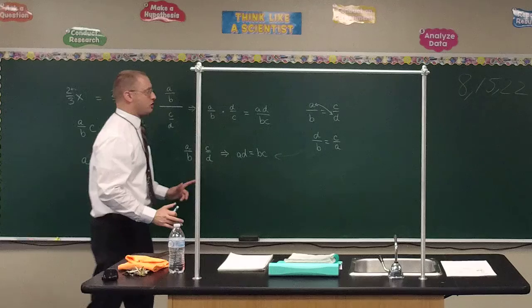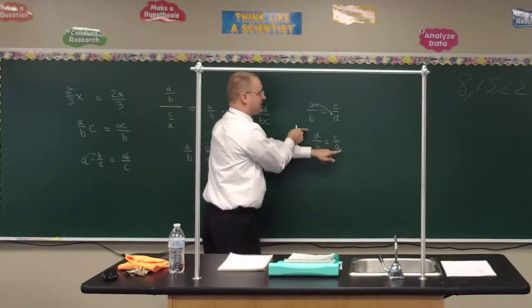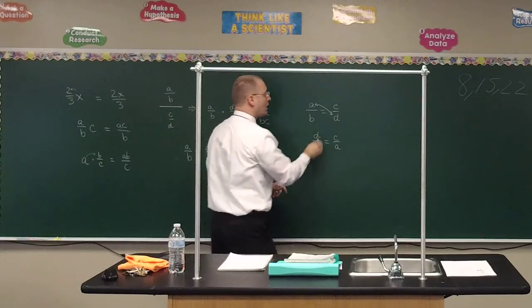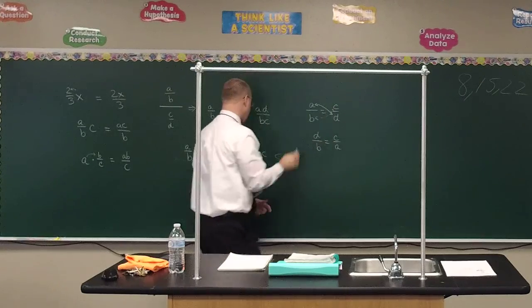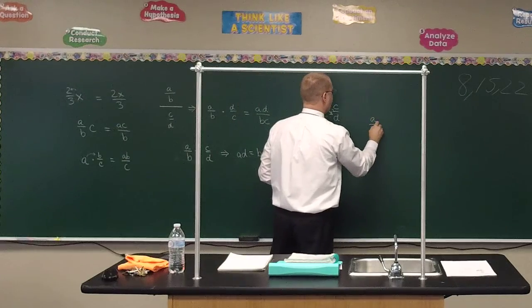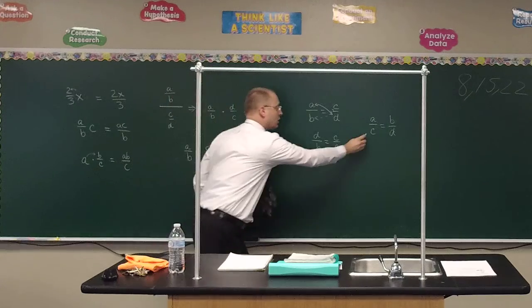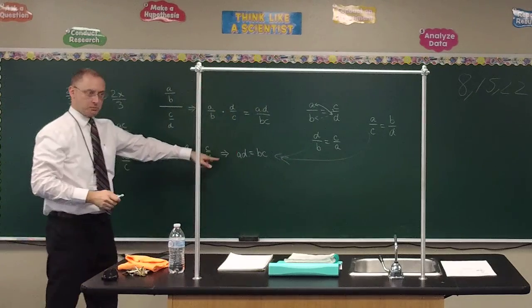Because multiplication is commutative, an A here and a D here is no different than a D here and an A here. Or you could flip-flop these two values, because they're still going to give you BC even if they traded places. So you could say A is to C as B is to D, because it would still give you the same cross-multiplied products.